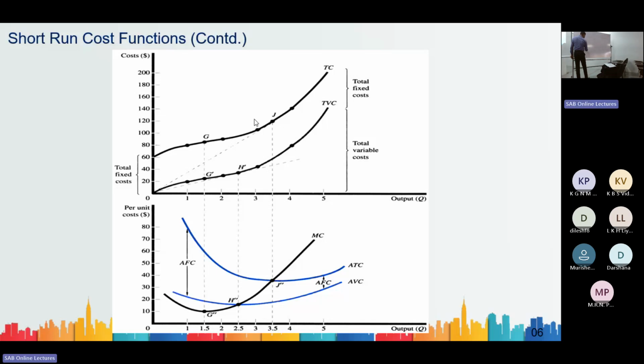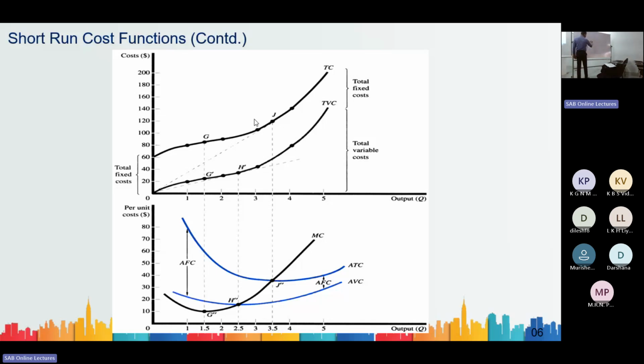Total variable cost will initially increase at a decreasing rate. You can observe its slope is decreasing. Here the slope is steeper. When we move to here, the slope is flatter. Here the slope is steeper. Here the slope is flatter.